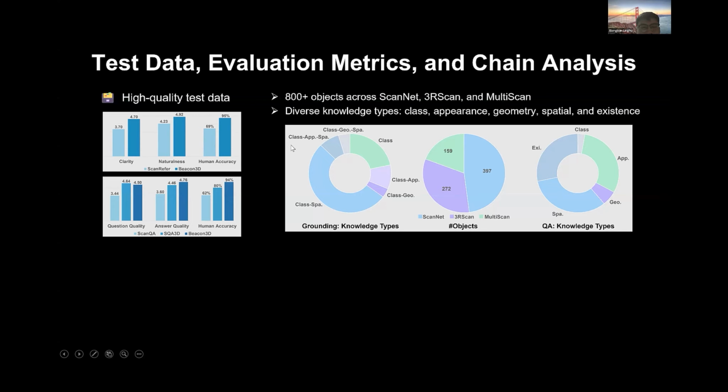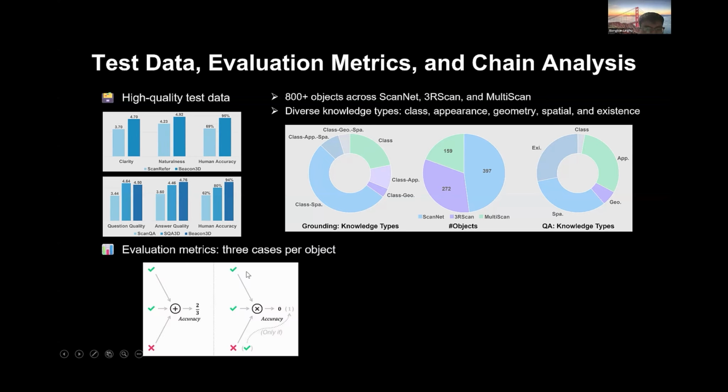Our benchmark includes more than 800 objects across ScanNet, 3RScan, and MultiScan, and includes diverse knowledge types, including class, appearance, geometry, spatial relationship, and existence. And we also propose a novel metric called accuracy per object.